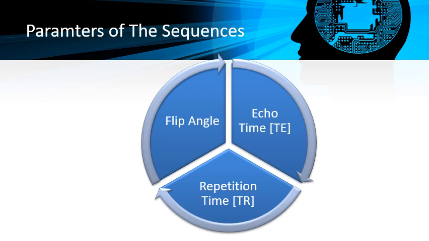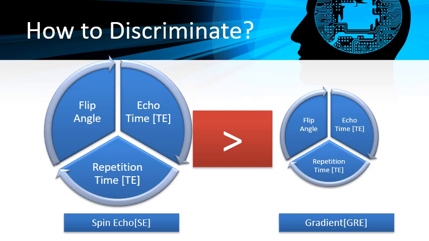In the case of spin echo, usually those parameters are much larger compared with the gradient sequence. From this diagram, we can see that the parameters belonging to the spin echo are much larger in their values compared with the same parameters of the gradient echo.